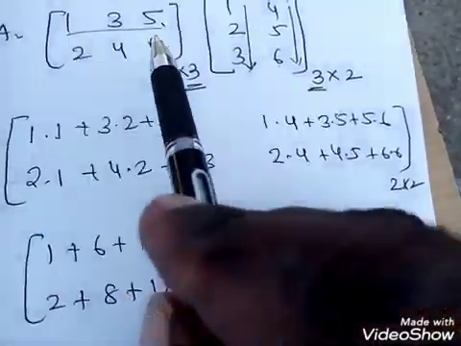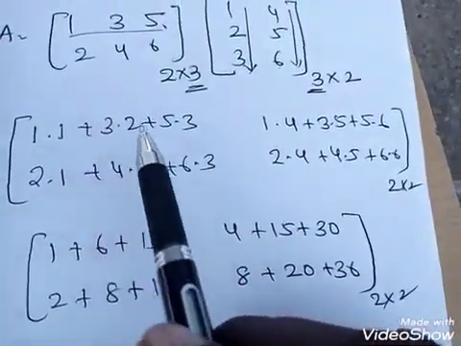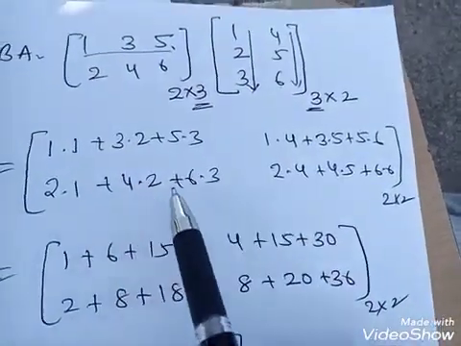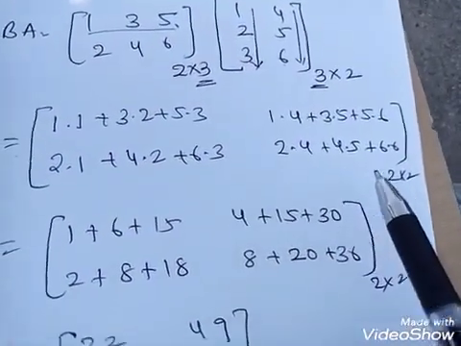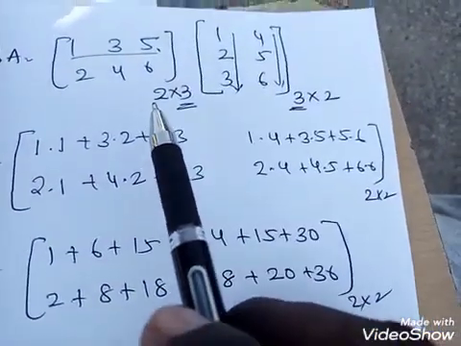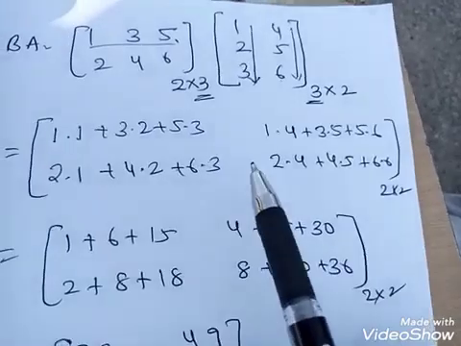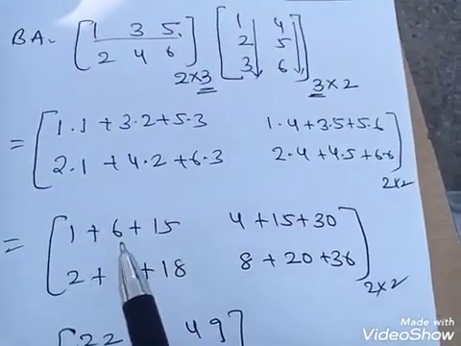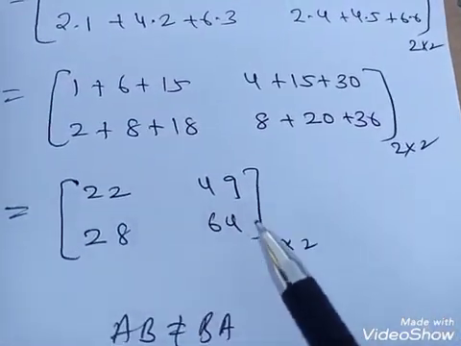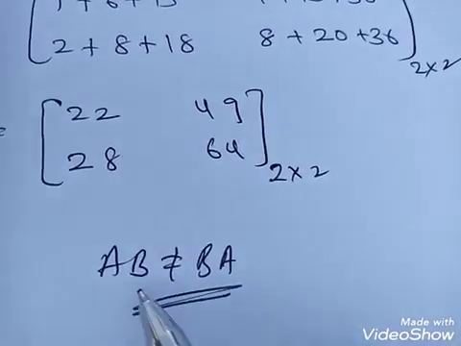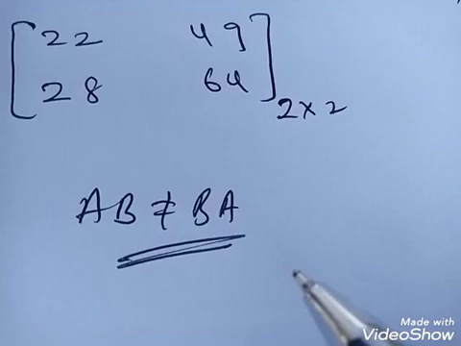Now you are taking first row with first column, first row with second column, second row with first column, and second row with second column. Now what is the order you are going to get? 2 by 2, no? A11, A12, A21, A22. After multiplication you are going to get 22, 49, 28, 64. That is a 2 by 2 matrix. Now AB is a 3 by 3 matrix and BA is a 2 by 2 matrix, hence AB does not equal BA.